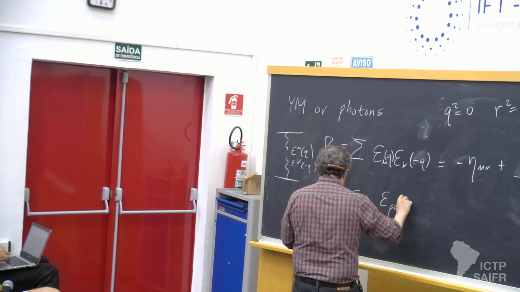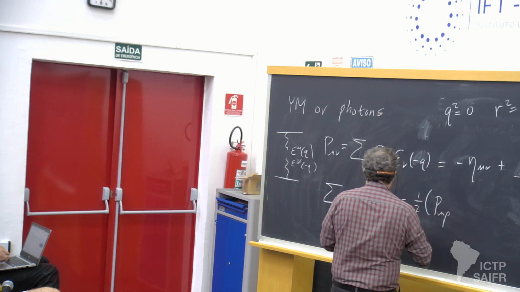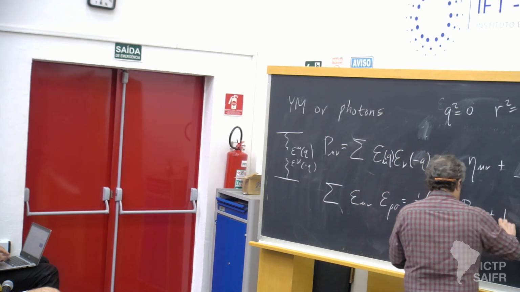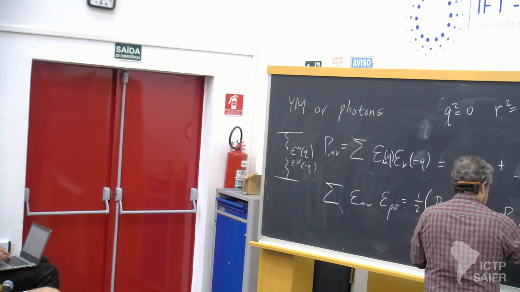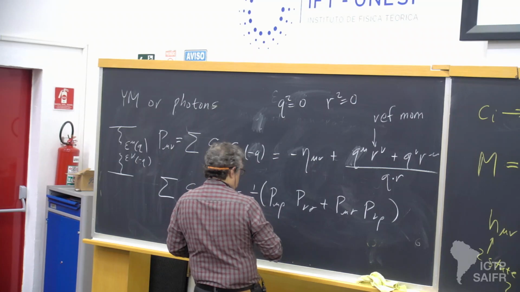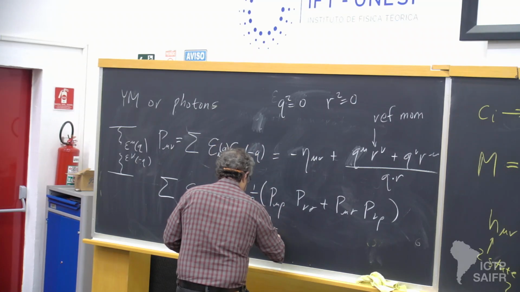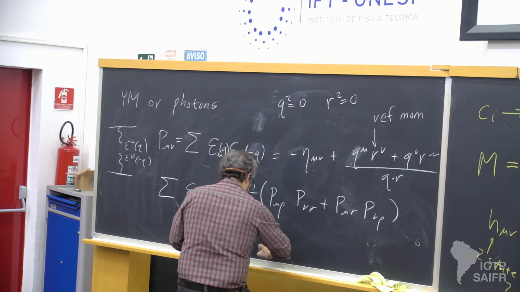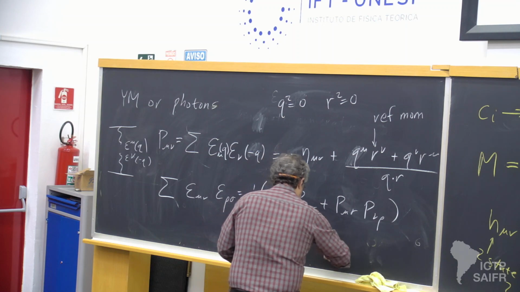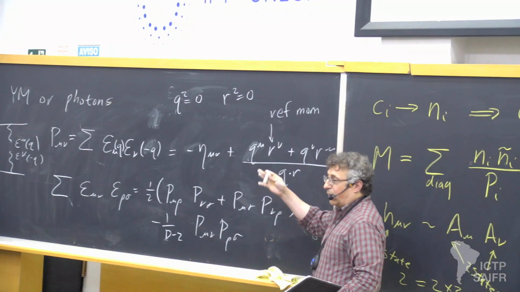Rho sigma is equal to 1/2 P mu rho P nu sigma plus P mu sigma P nu rho, and then minus 1 over D minus 2, that's a D, P mu nu P rho sigma. And this literally removes the unwanted states.